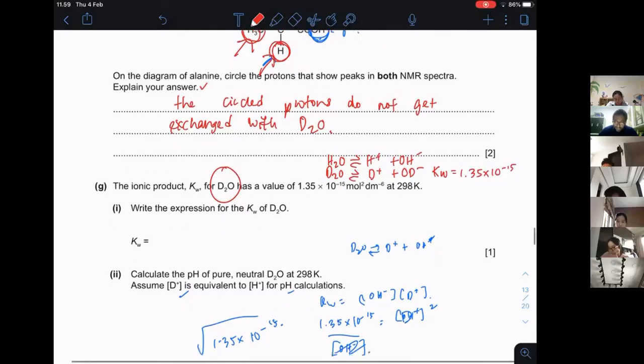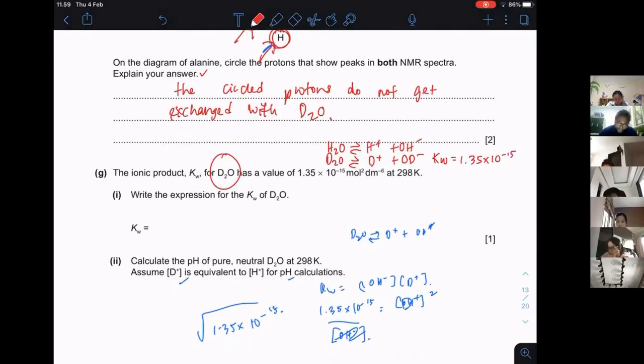So they say write the expression of Kw, which is the same. You just need to use this. So the expression is going to be OD minus and then D plus. That's it. Divided by water, no need because it's constant. It's similar to Kw equals H plus and then OH minus. It's the same. Okay, this is the answer.